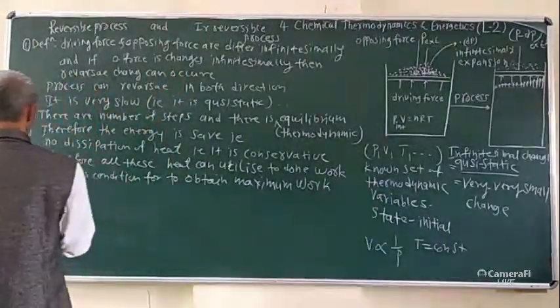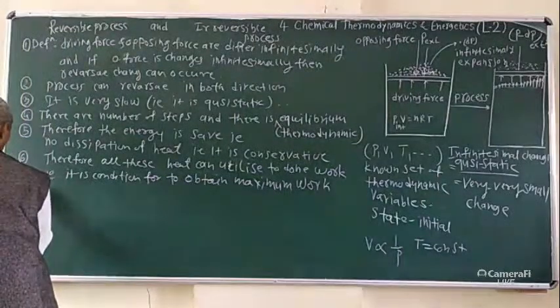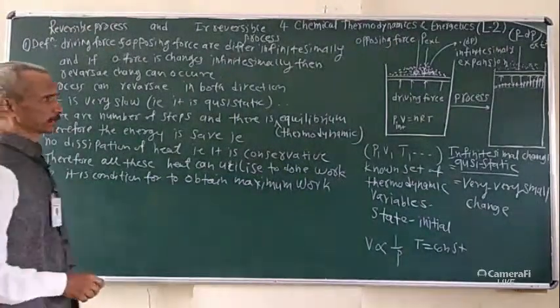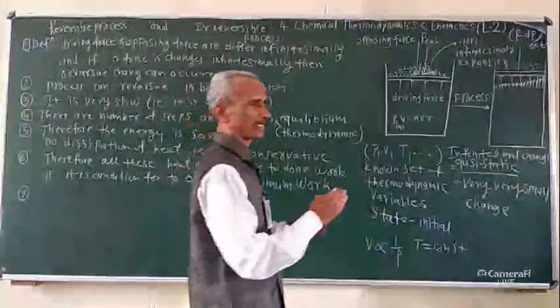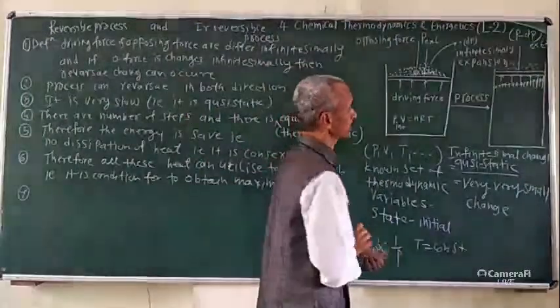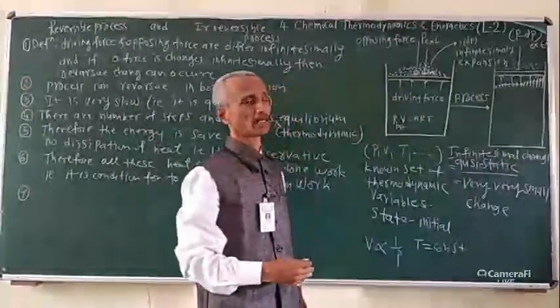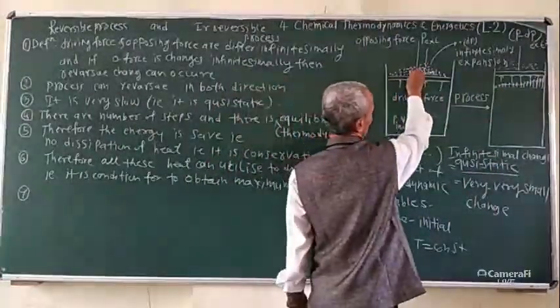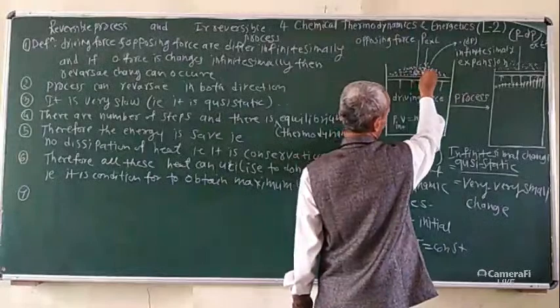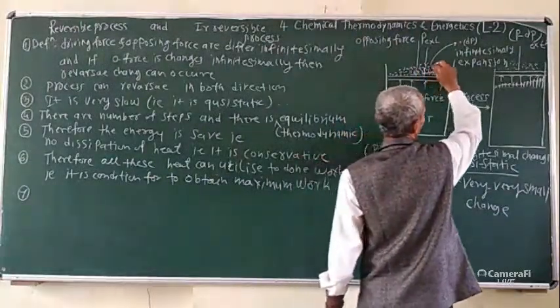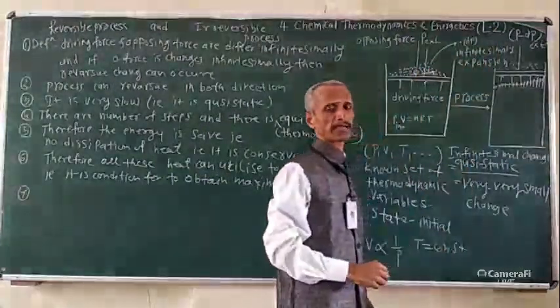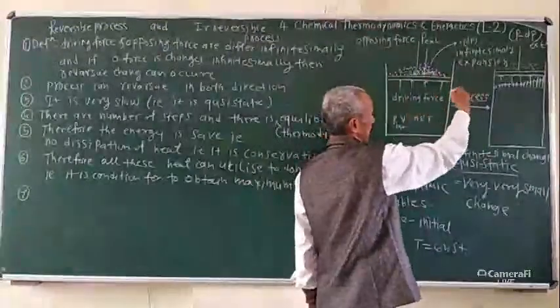Because of this, what happens next? There are a number of steps, the change is very small, therefore this process takes more time to reach the final change. Suppose there is 1 kilogram of mass, and from this half a gram is taken out, again half a gram, again half a gram.